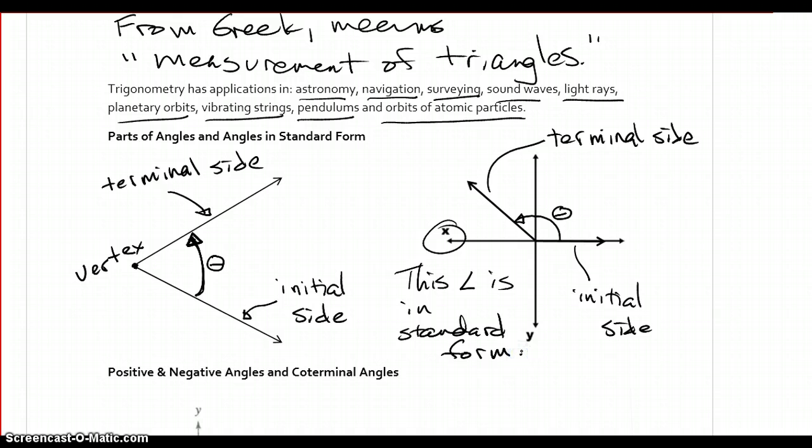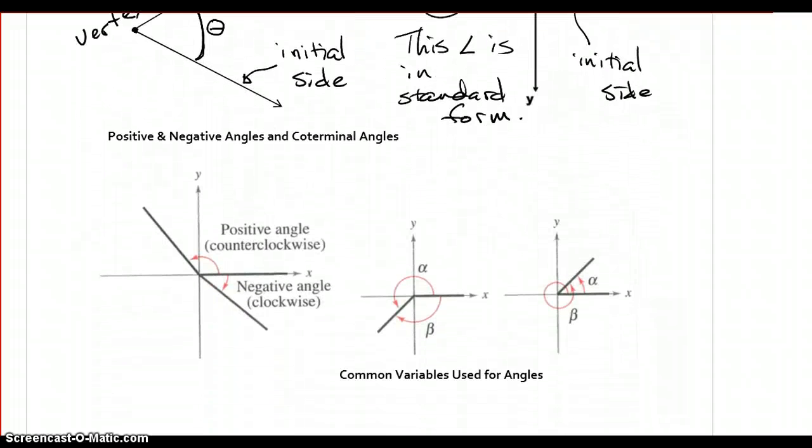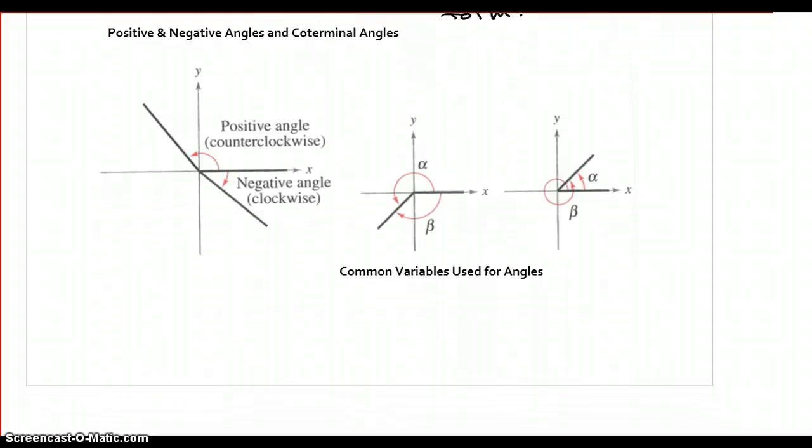Almost all the angles that we deal with are going to be in standard form. In geometry, you mainly dealt with angles that were less than 180 degrees. And that's not going to be the case in here. And we're also going to have negative angles. So positive and negative angles and coterminal angles, this is going to be important for us as well.